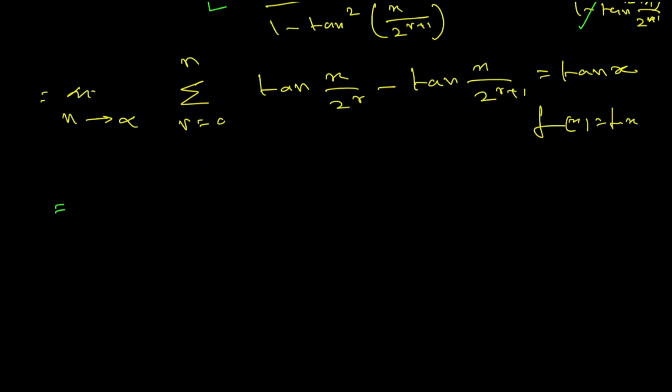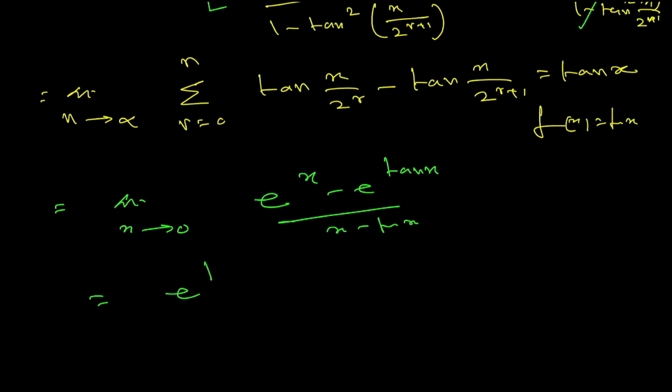Therefore we can write here limit x tends to 0, e to the power x minus e to the power tan x, by x minus tan x. So I can take e to the power tan x common, limit e to the power x minus tan x.